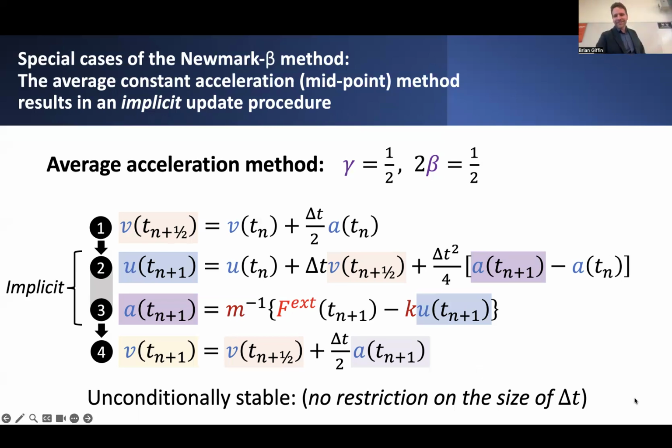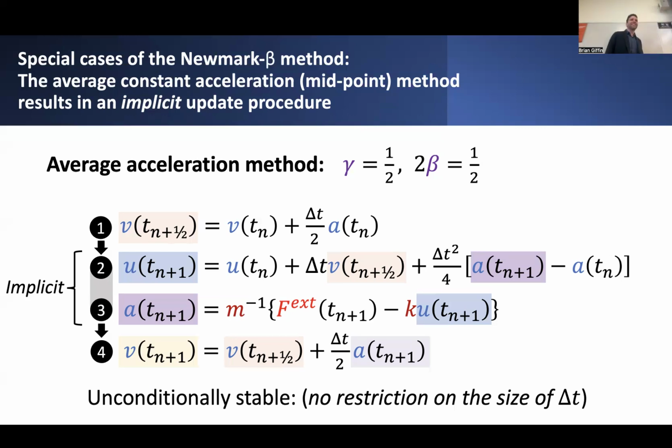Now, in the next step, we would like to update the displacements by integrating the displacements in time, using that previous formula that we had. But it turns out that that expression involves not just the half-step velocity that we just computed from the previous step, but also the acceleration at time tn plus 1.